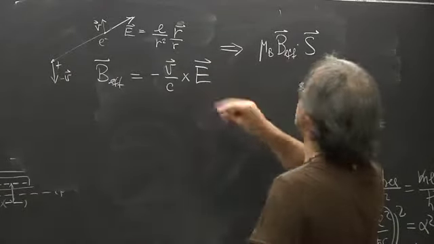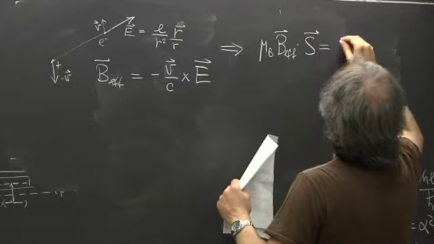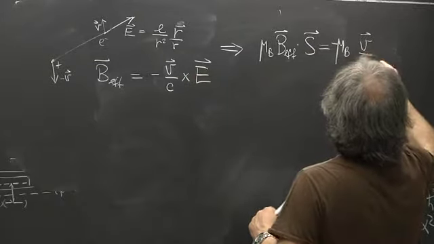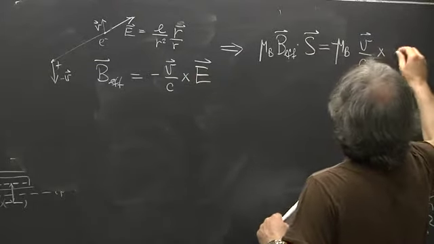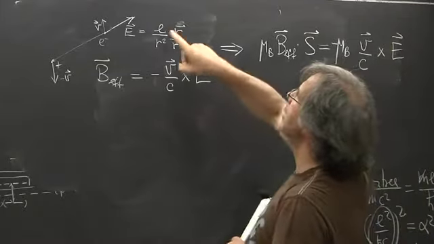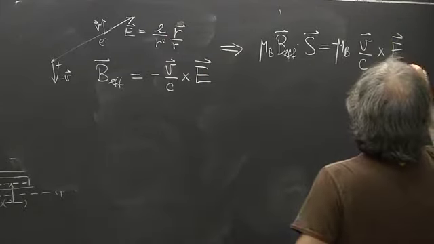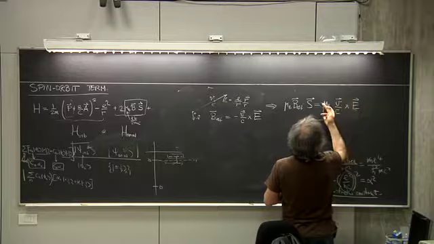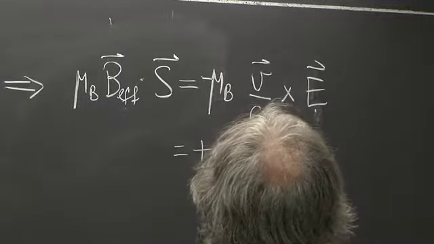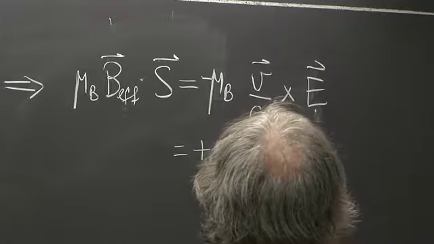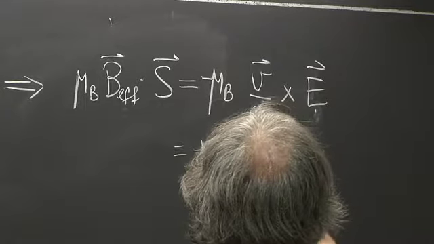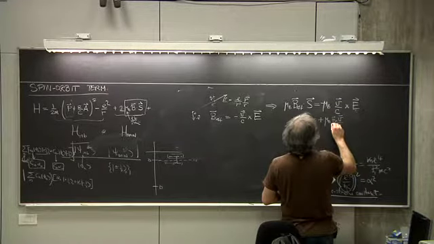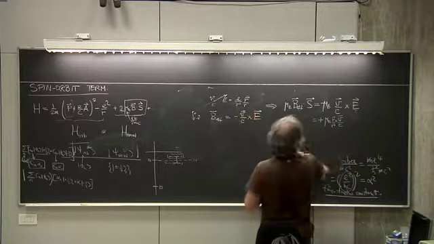Now, let us proceed a little bit with this calculation. So this is mu B, there's a minus, there is a v over c, and there is vector product with E. But E is just minus. Let's exchange these two. So I get a minus sign, so this becomes a plus. Then I have the velocity over c, and here I have r over r cubed, and there is an extra e.